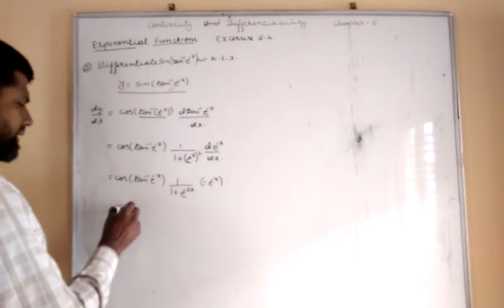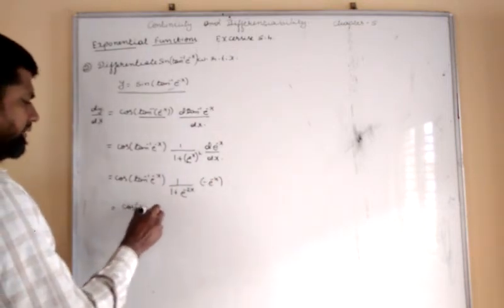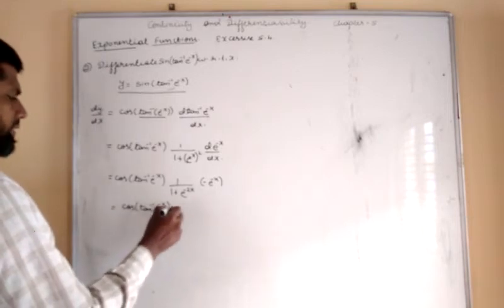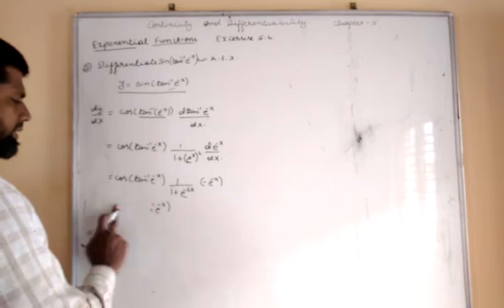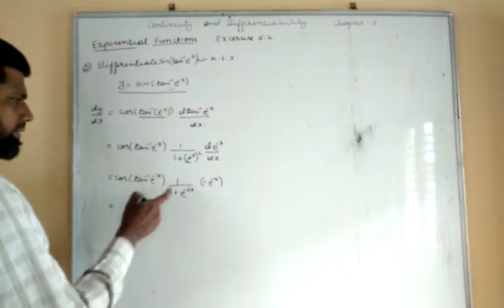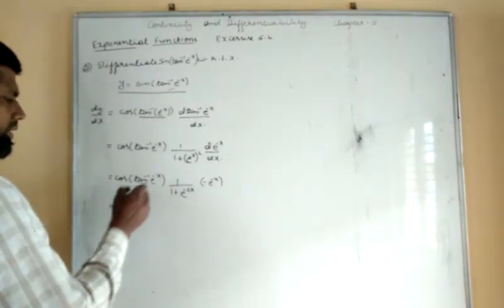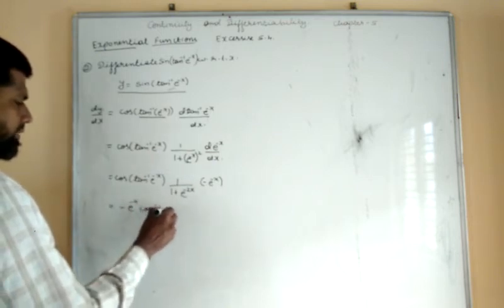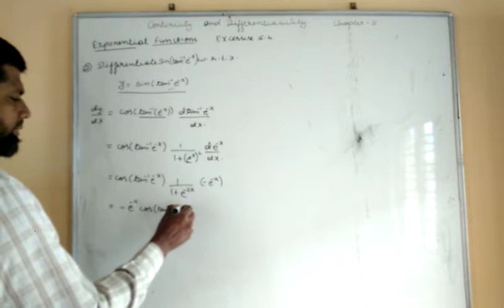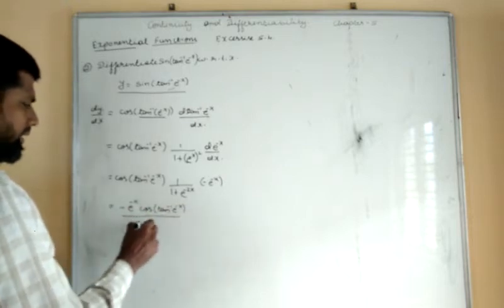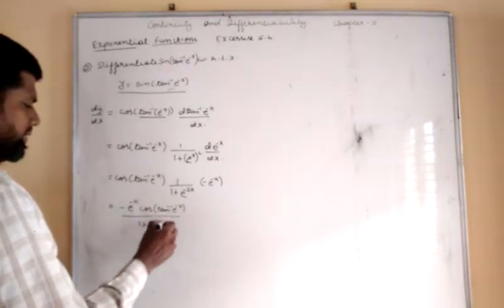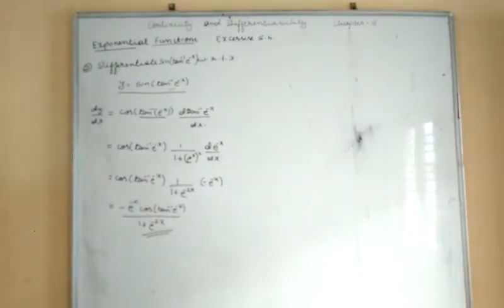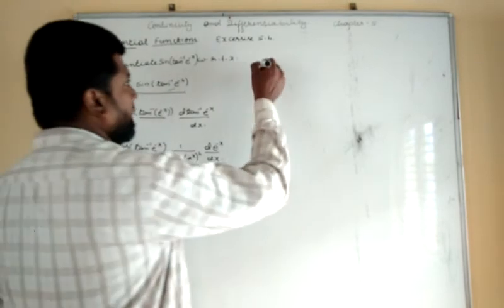Then that can be written as minus e to the power of minus x into cos of tan inverse e to the power of minus x by 1 plus e to the power of minus 2x. So this is the answer. It is the direct method. Okay, let us solve this problem by the substitution method.